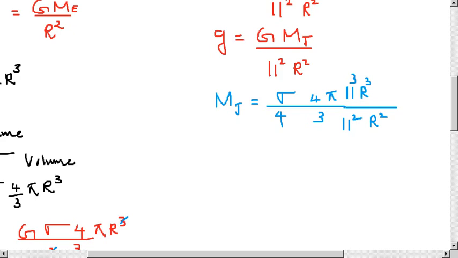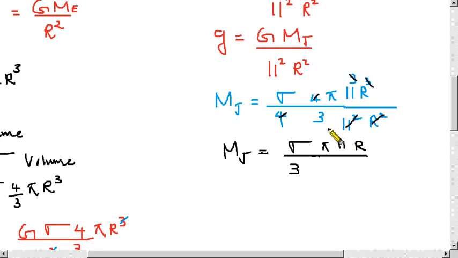So let us cancel whatever possible. 4 cancels, then r squared cancels, only 1 r there. Then this r squared, 11 squared, like that. Then m Jupiter equals sigma divided by 3, then pi, 11 r. That's all.